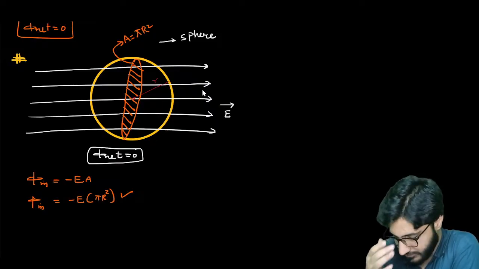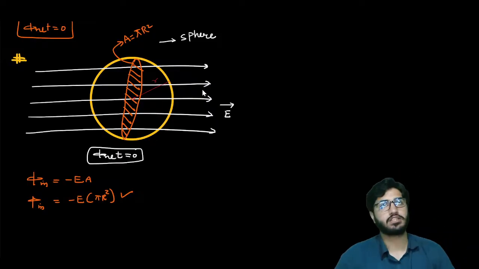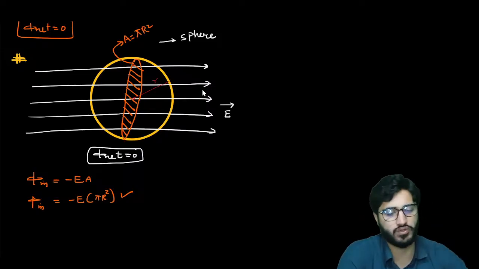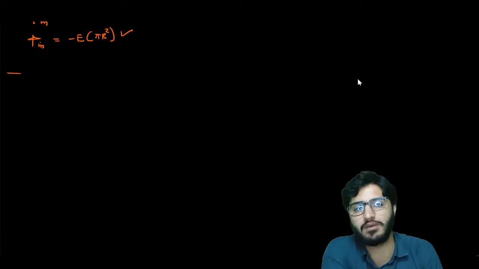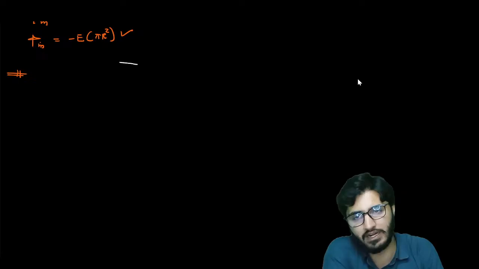There's no issue. Okay. Now let us talk about the cylinder one more time, and how to find the flux for a cylinder. Look, if we have the cylinder in this way, it is vertical.